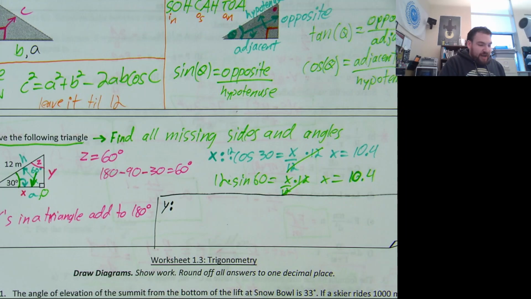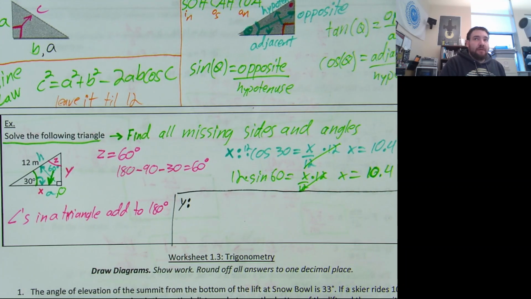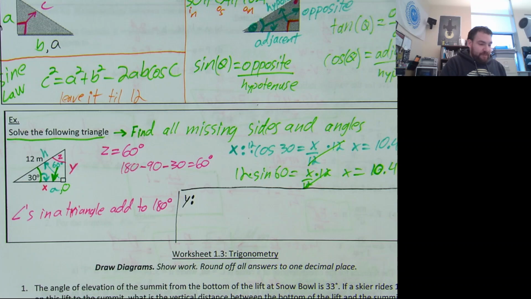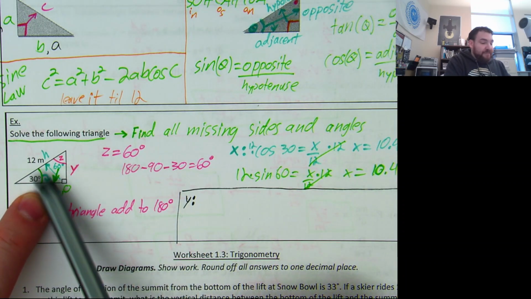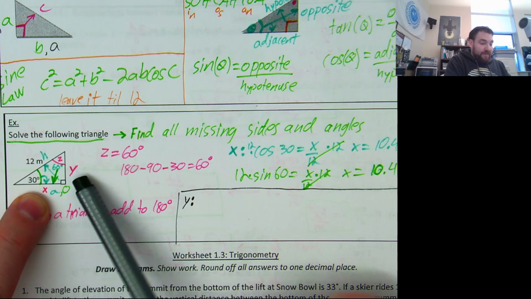Now that we've got z and x, we can find y a whole bunch of different ways. If we wanted to use the value we found for x, we could use the Pythagorean theorem. We know two sides, we could find the third.